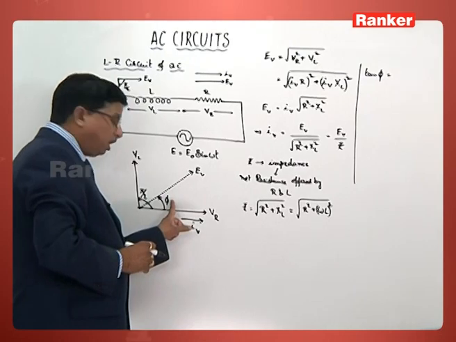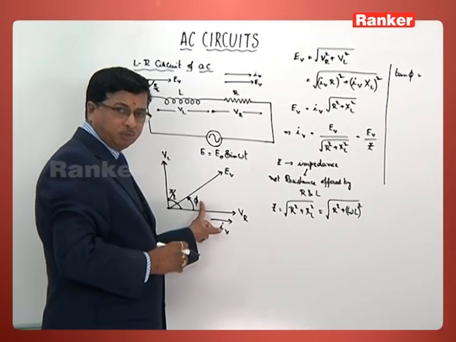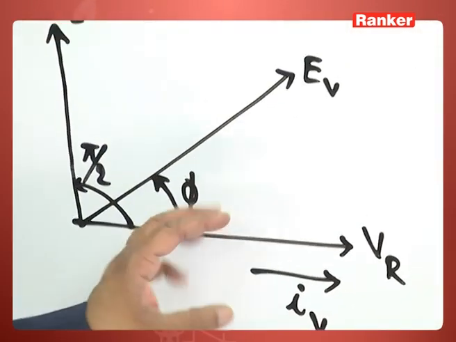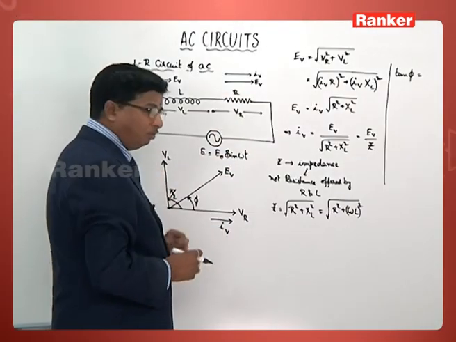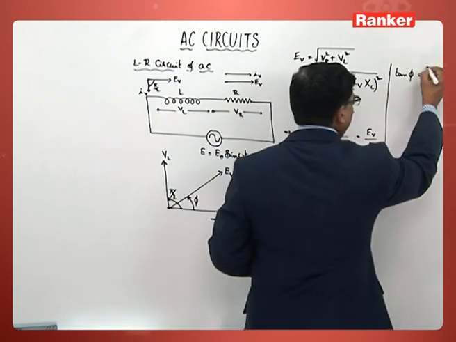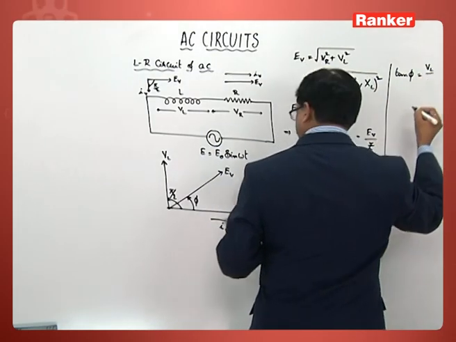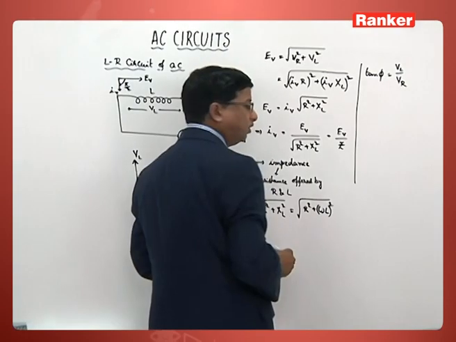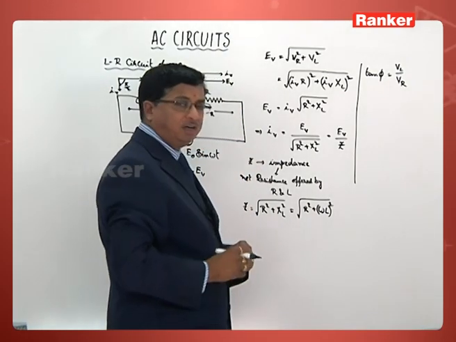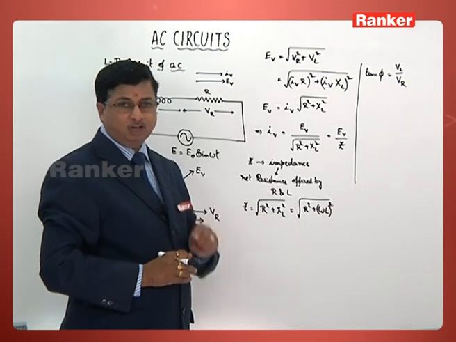I just want tan phi for my equation now. Tan phi is opposite over adjacent. Opposite value is going to be VL, by adjacent side value VR. So tan phi we can write as VL by VR.